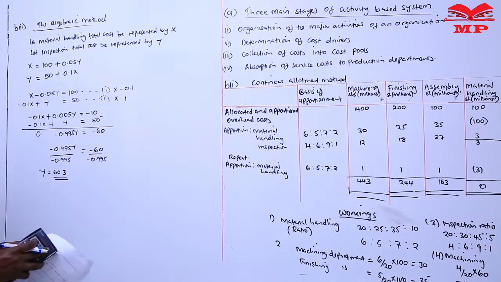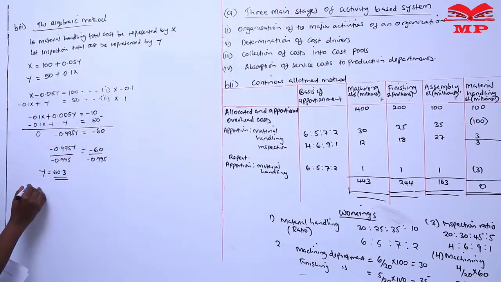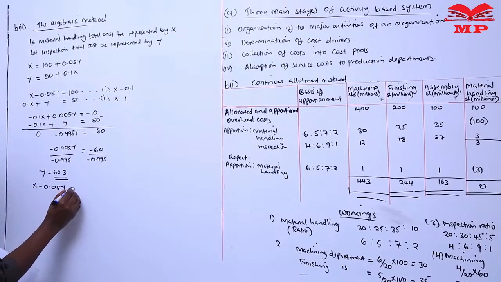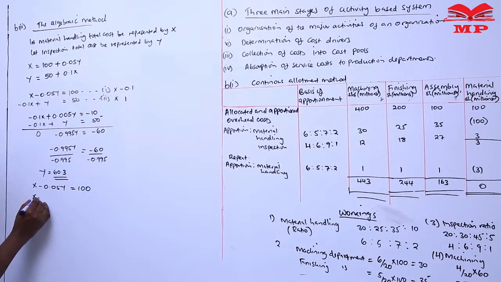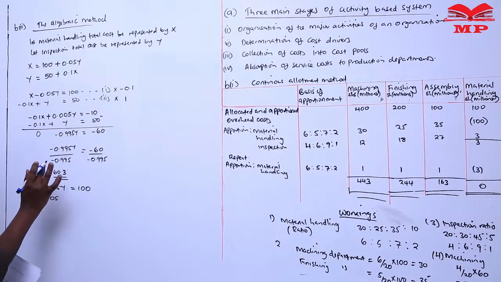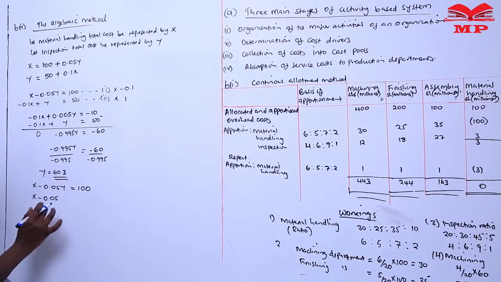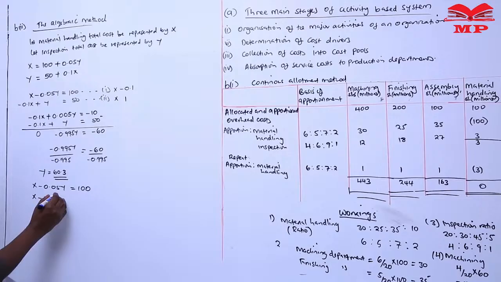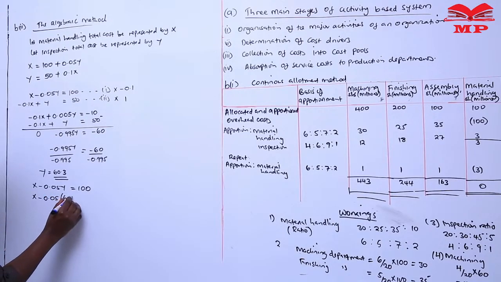Then we substitute to get the value of x. We can use the first line. So we have x minus 0.05y equals 100. We already have the value of y, so this will be x minus 0.05 into bracket 60.3 equals 100.